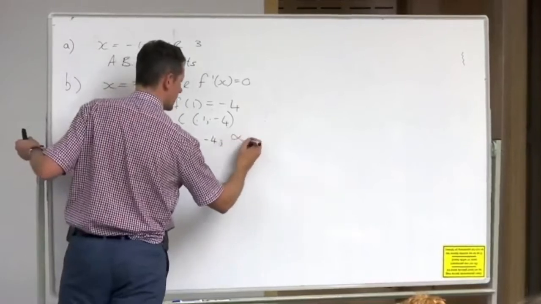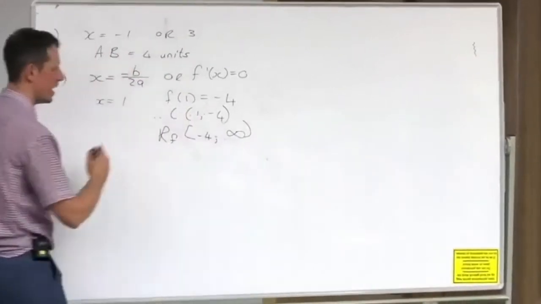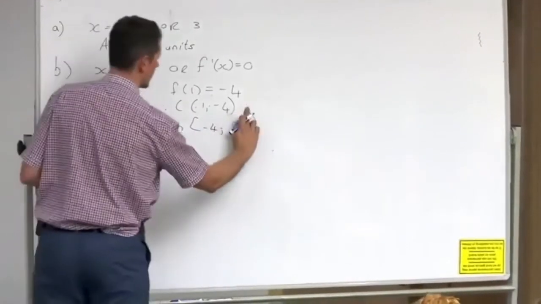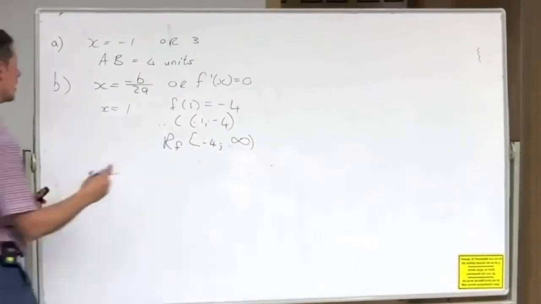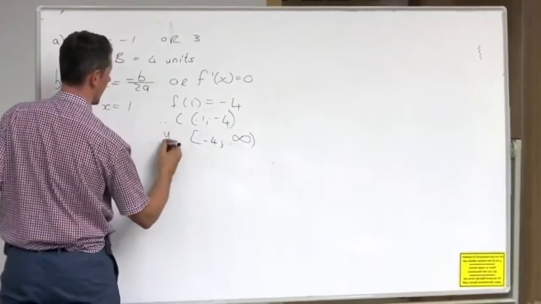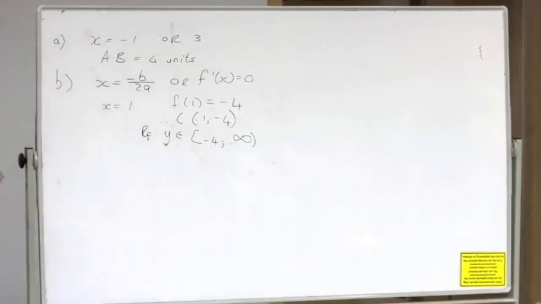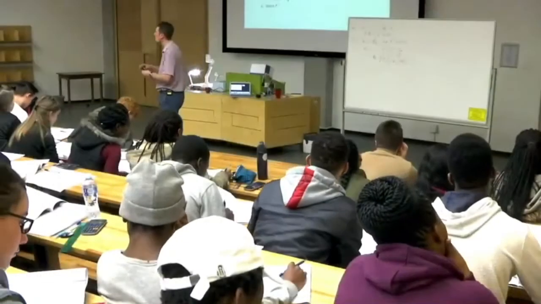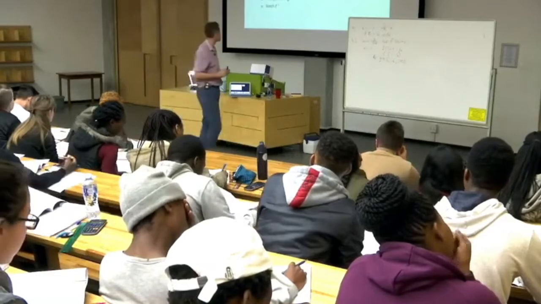My highest doesn't exist. It touches -4, but it never touches infinity. And there I've got my range. Oh, and I forgot: y is an element of. That is if I asked you for the range. Learn to break these into smaller problems that you can solve.